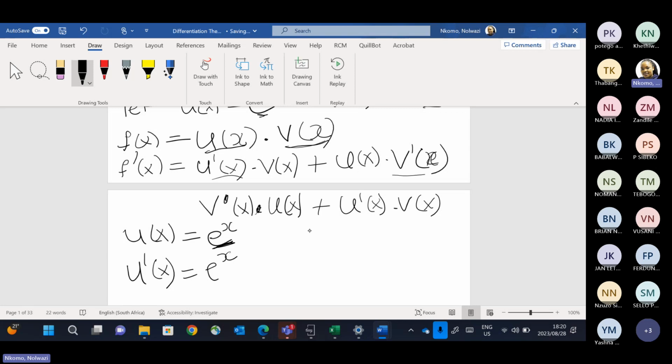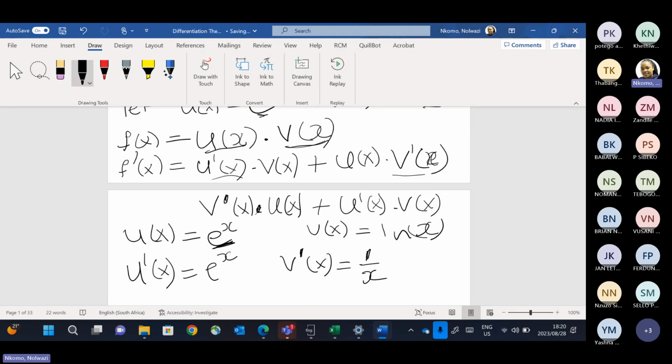Okay, and we have v at x equals ln x, and we want to find v prime at x, right? And we said the rule here, if we are given ln x and you are asked to find the derivative of ln x, then the derivative of this function would be 1 over x, right?